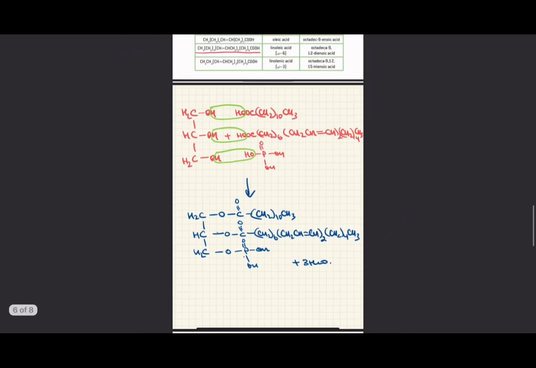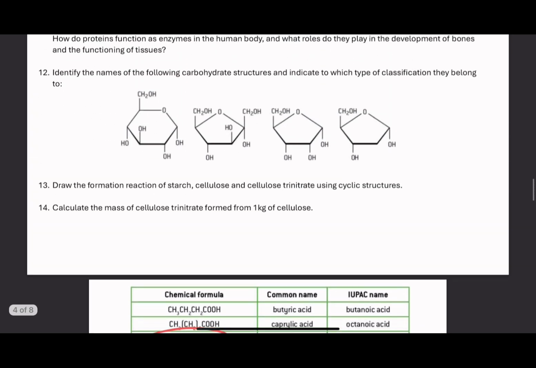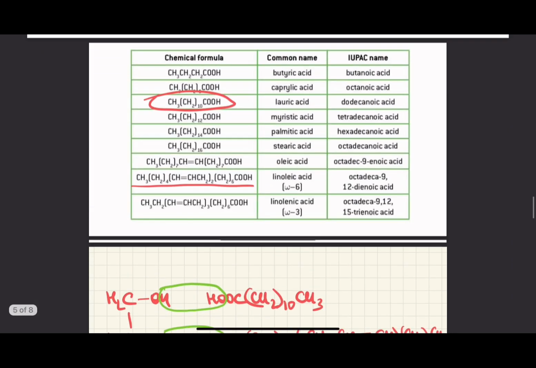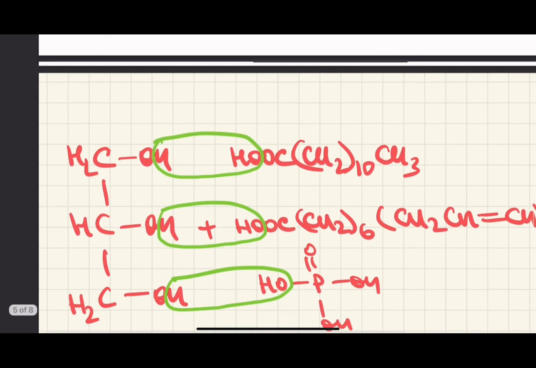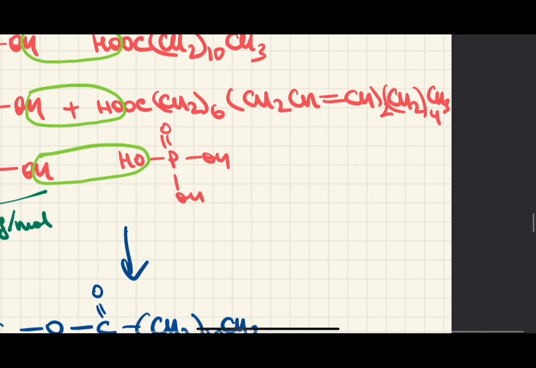Now, for this one, you guys need to find the molar mass of everything. Unfortunately, this is gonna take a bit of time for you to calculate, so you will take this and find the molar mass of this portion, and you will find the molar mass of that. Okay, so the mass of the glycerol is 92 gram per mole. Mass of the phosphoric acid is 98 gram per mole.